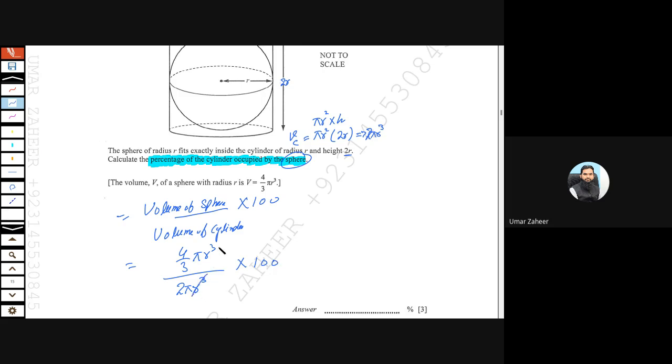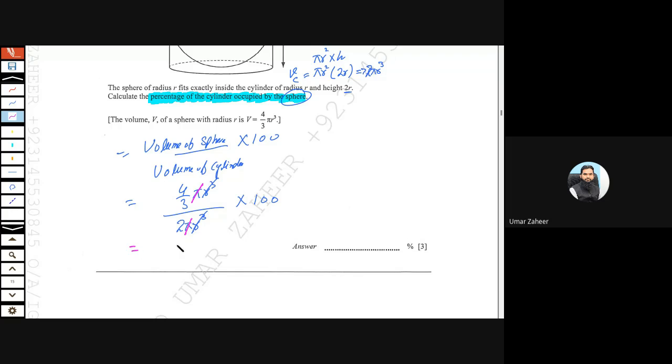So r cube will be cancelled out with r cube, pi will be cancelled out with pi, so we will get 4 by 3 multiplied by 1 by 2 multiplied by 100. Just please find the value.